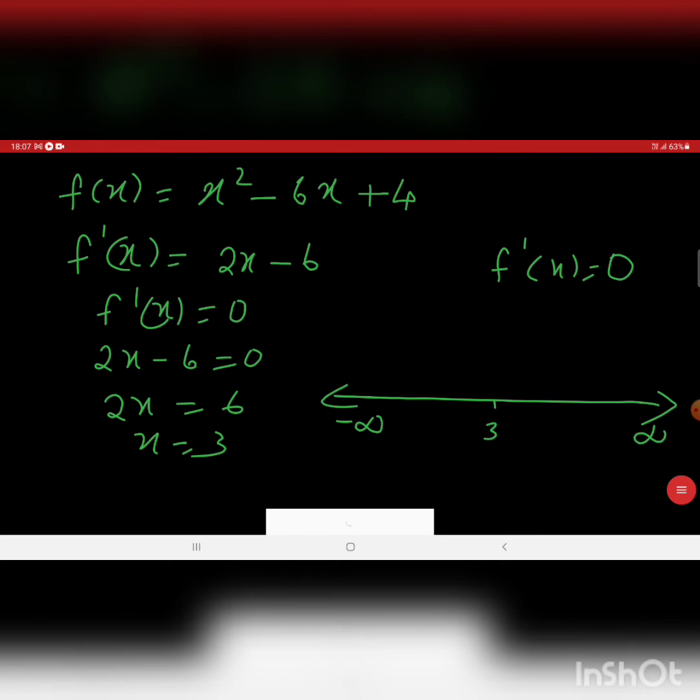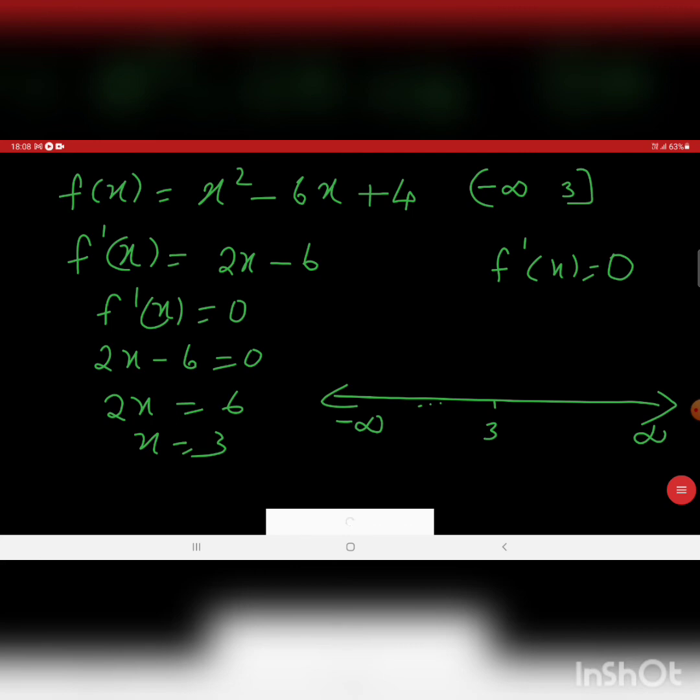Now we have to check in the first interval, minus infinity to 3, whether f dash x is greater than 0 or less than 0. For that purpose, take any point in that interval. In the interval minus infinity to 3, we can take 1, 2, or 0.